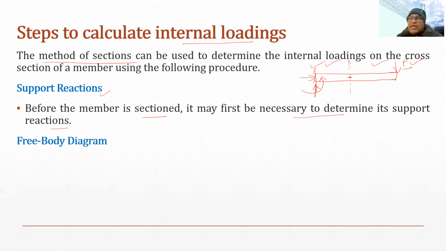Then once we calculate the reaction, we have to make the free body diagram of the beam section. As I said, if I am required to find out internal loading at this point, first of all I will make the section, say section AA, and then I will decide which part's free body diagram I have to make, whether of the left hand side part or of the right hand side part.